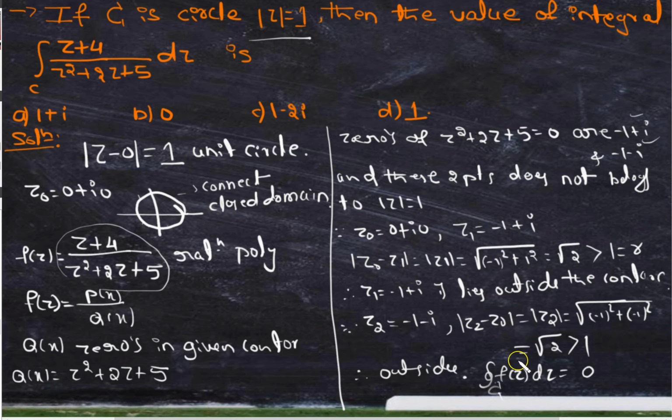Now look at the options. Option A is 1 plus i, not correct. Option B is 0, yes. Option C is 1 minus 2i. Option D is 1. Therefore option B is the correct answer for this question.